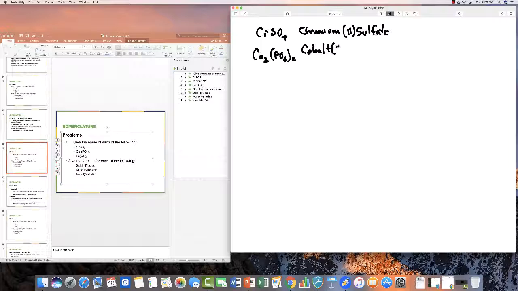So this is also cobalt 2 phosphate. The third one here is iron and then hydroxide. And you know from your table again that hydroxide is a -1, so this iron has to have a charge of +3. So this is iron 3 hydroxide.